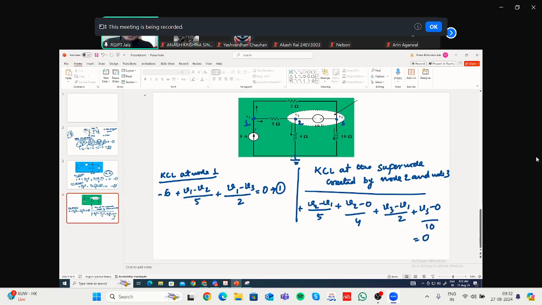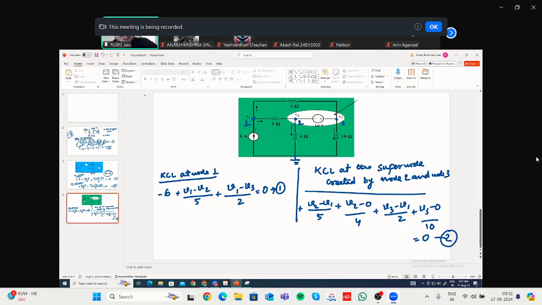Now, the equation we have written contains both V2 and V3. So how to solve? This is equation 1, this is equation 2. Two equations, 3 unknowns, we cannot solve. We need another equation.